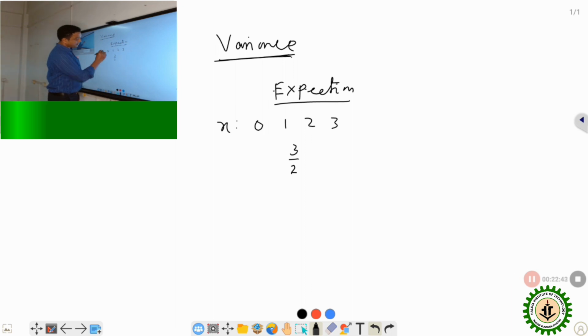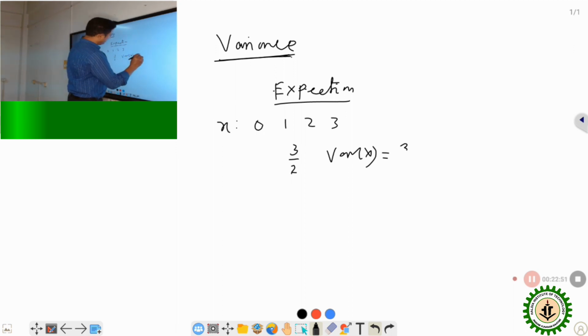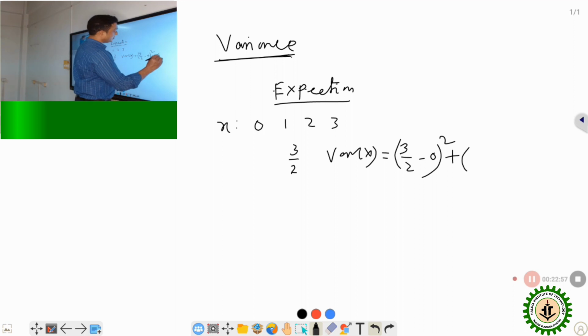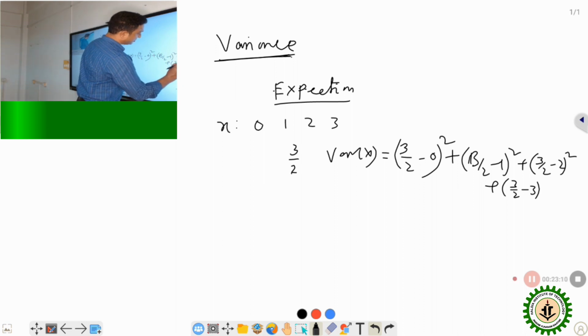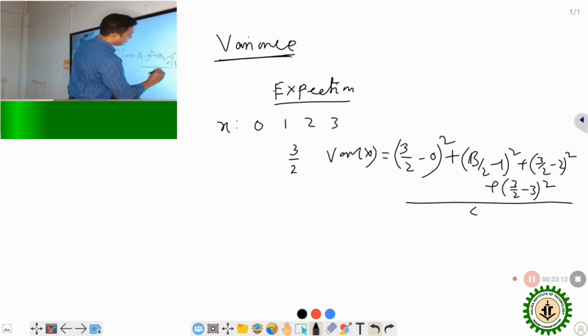To find the variance from these data, variance of x equals 3 by 2 minus 0, or you can make it 0 minus 3 by 2, plus 3 by 2 minus 1 whole square. This square is only to make this one positive. Plus 3 by 2 minus 2 square plus 3 by 2 minus 3 square, divided by the total number of data.